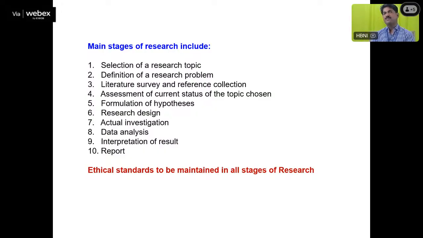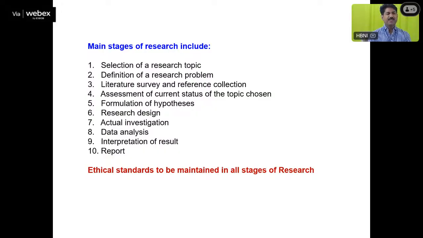Also, sometimes we project big things that we will do during our research. In the beginning we tell that a very ambitious project can be completed within a very short time. But actually we have to assure whether that can be done during your particular period or within the scope of your environment.